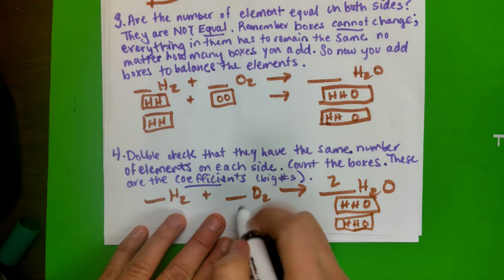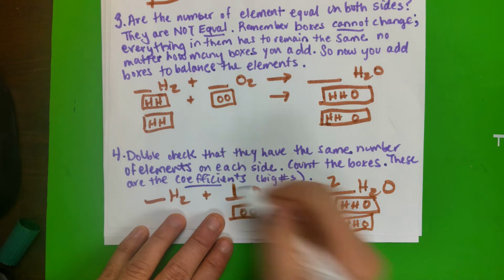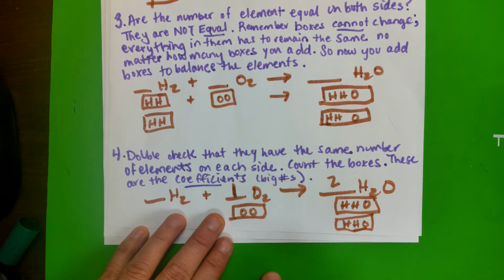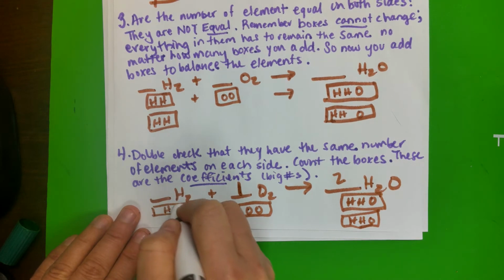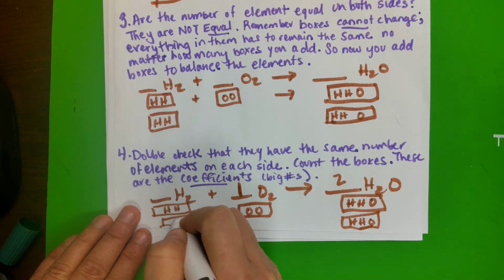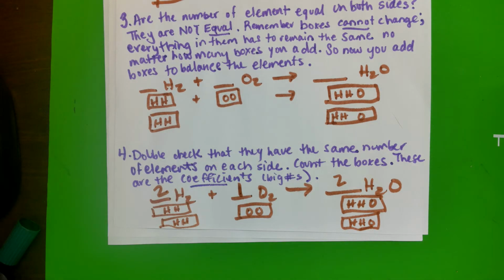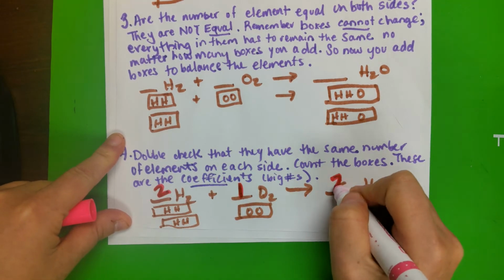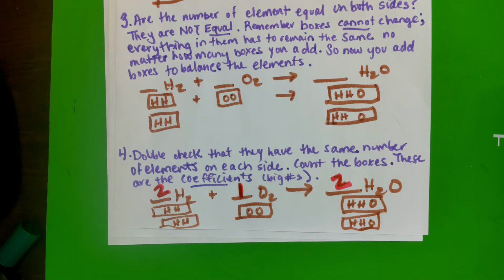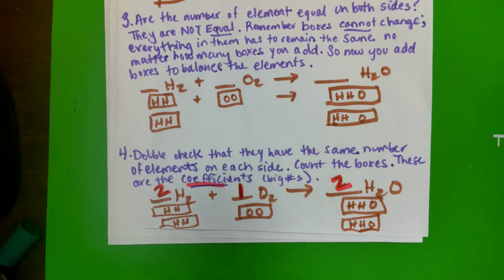This one stays as one box, so that means it's a big 1. And this one has 2 boxes, so that means it's 2. So your answer should come out 2, 1, 2. Those are your coefficients.